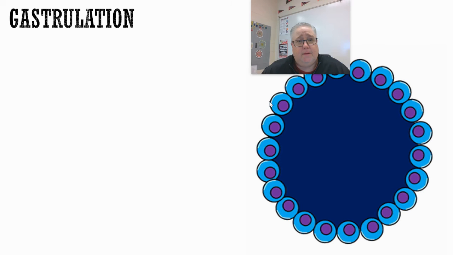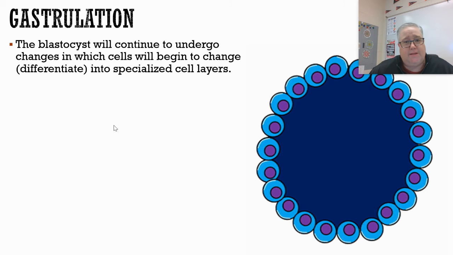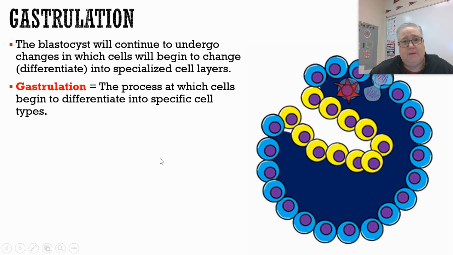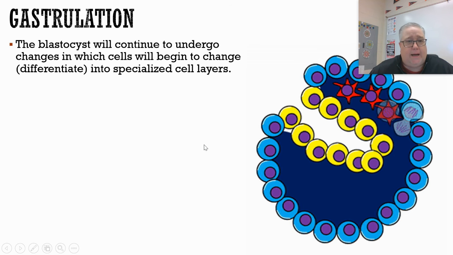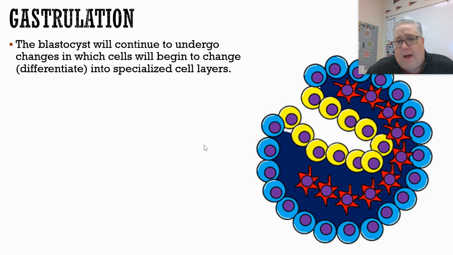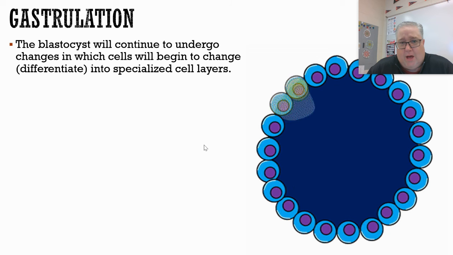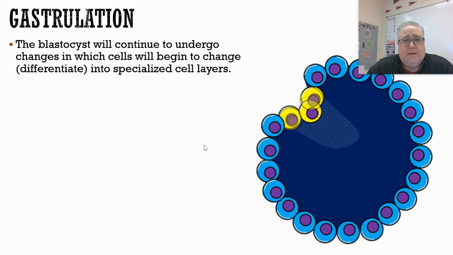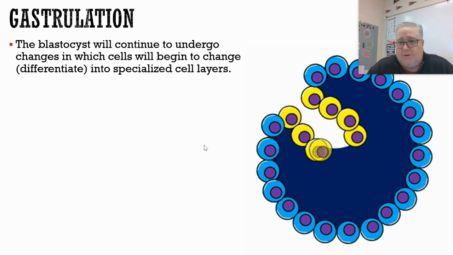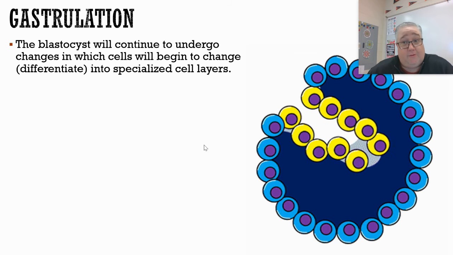Here's a vocab term. It's called gastrulation. We've talked about this previously, but it's been a while. This blastocyst, this hollowed out ball of cells, eventually those cells are going to start to differentiate.